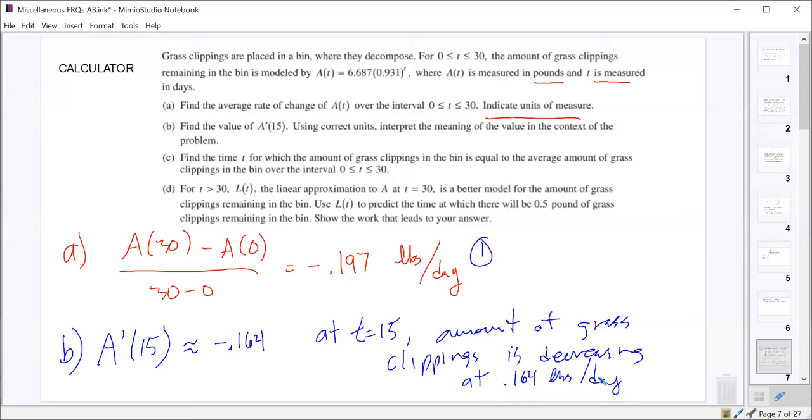And there's your units, pounds per day. That was worth 2 points: 1 point for the number, 1 point for the explanation.